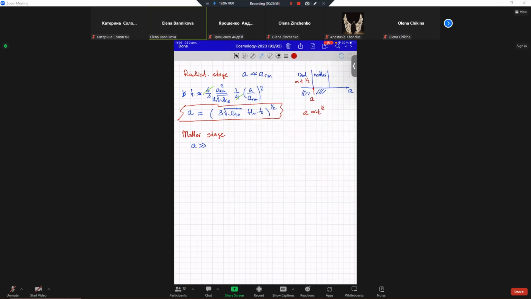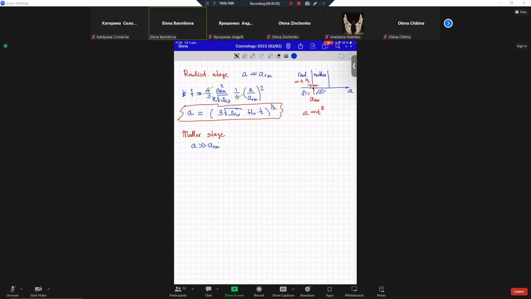So this is a_eq, when we pass from one stage to another. The time which corresponds to this moment is what we are using in cosmology now to discuss, because it's important also to understand when the first structures appeared, how the universe was born, and like this.